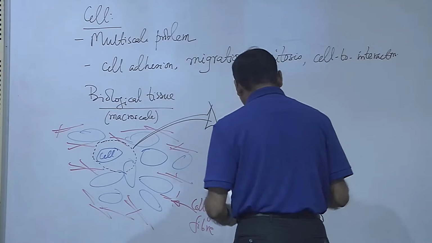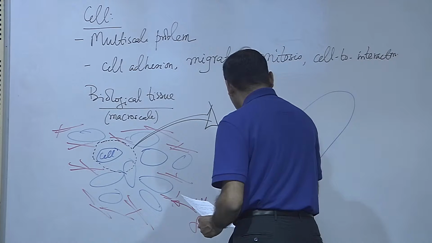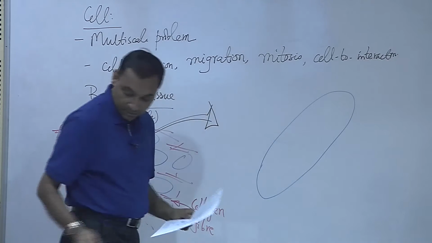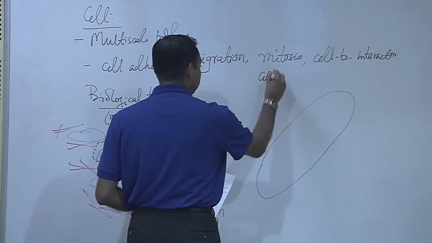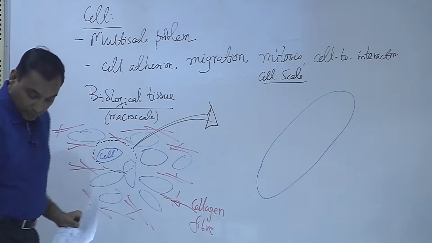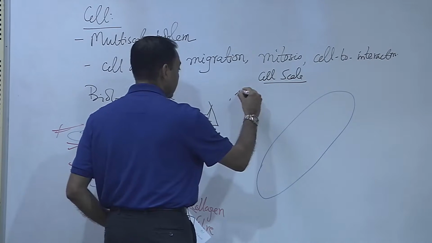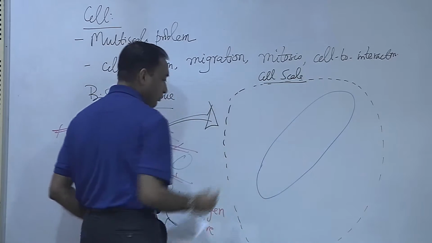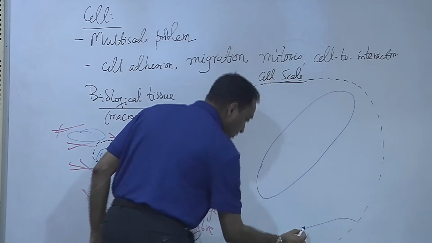At the cellular scale, or the micro scale, you have a big cell and maybe a portion of a neighboring cell.